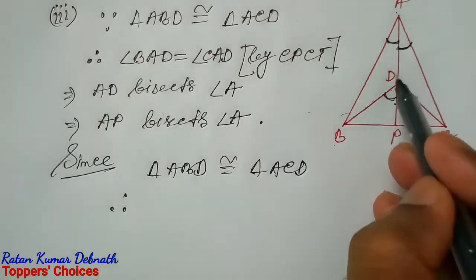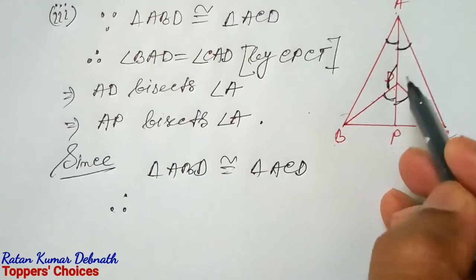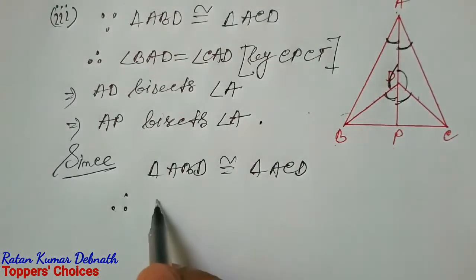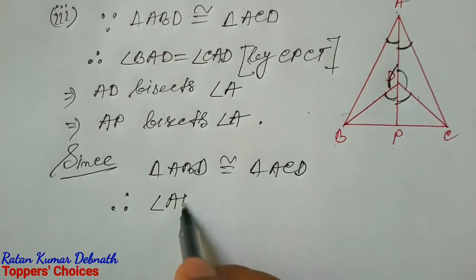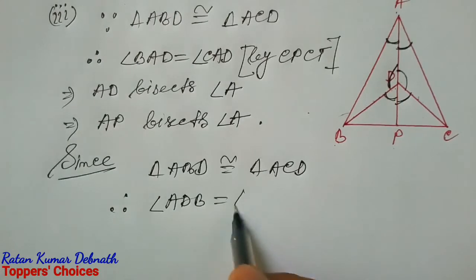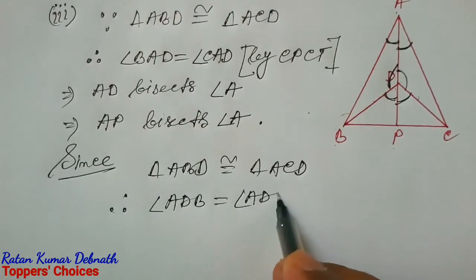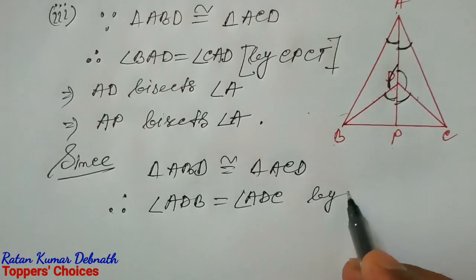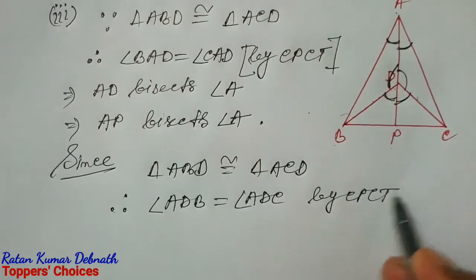Therefore we can also say angle ADB equals angle ADC by CPCT.